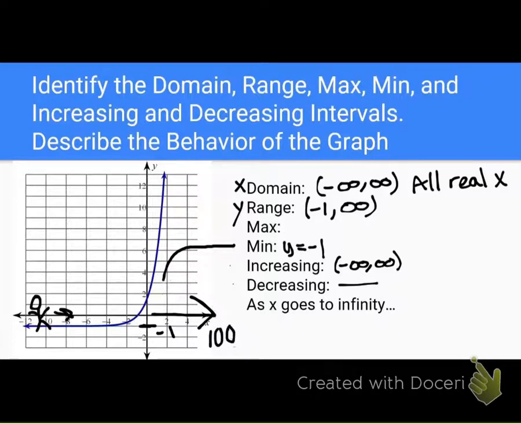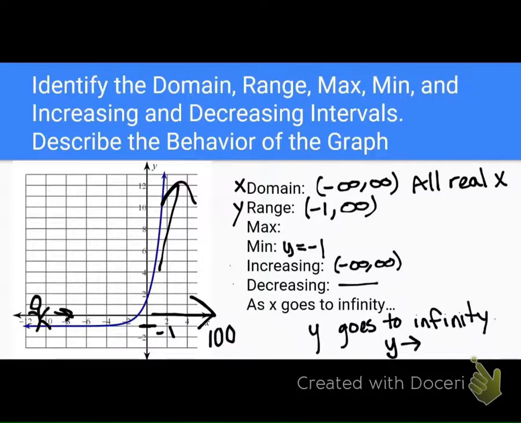And of course for this function it does neither of those things, it goes up forever. So as x goes to infinity, we would say y goes to infinity as well. If you want to write that in symbols, you could write y with an arrow. So this is y goes to, and then an infinity symbol.